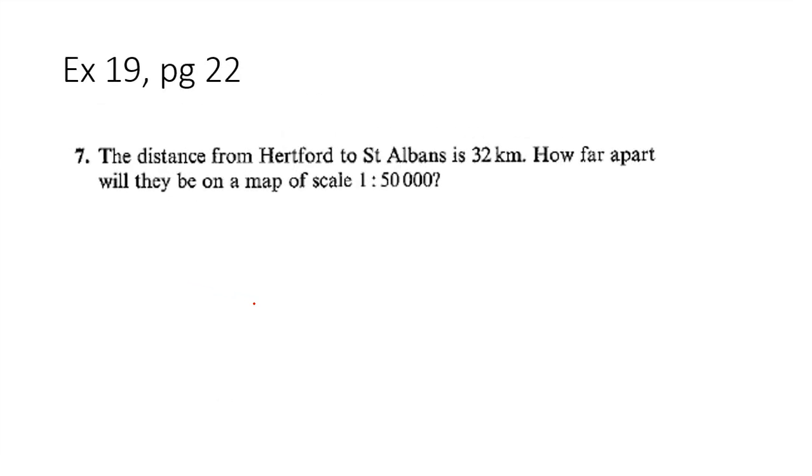Alright, so here again, to cut it short, we are given the actual distance. The actual distance is given to be 32 kilometers, and we need to find out the map distance if the same distance were to be represented on a map, and the scale says it's a scale of 1:50,000.